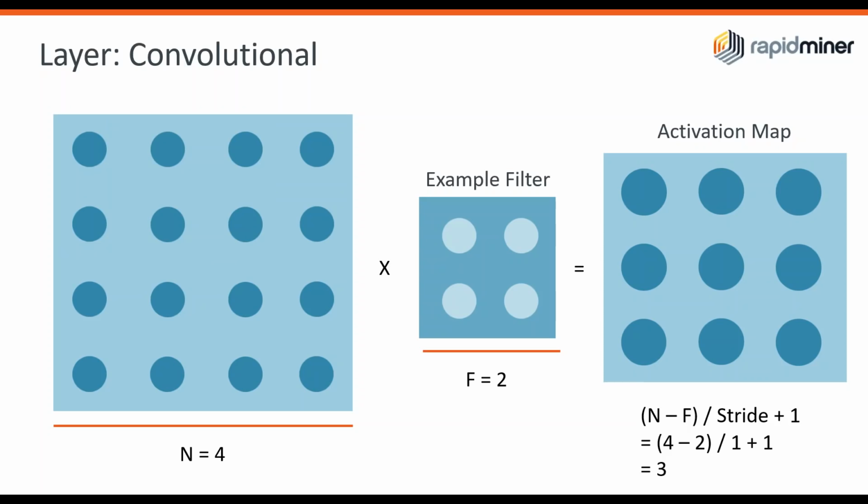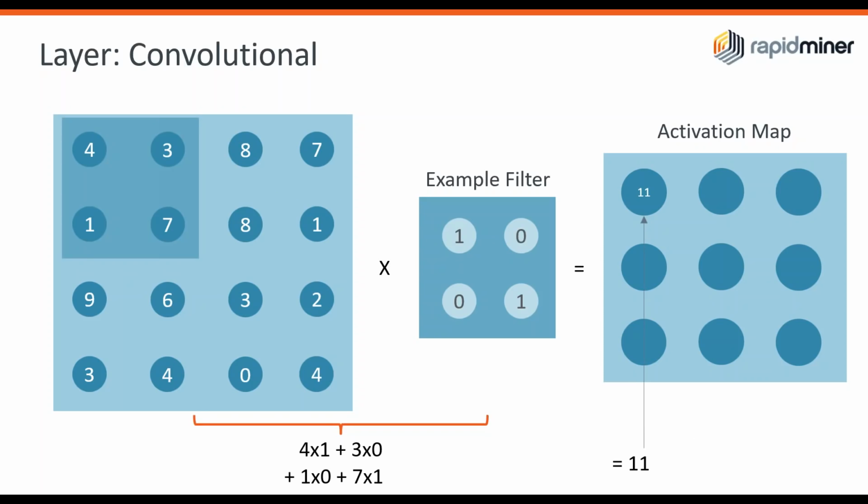So now let's fill up our layer with some values. And just so you know what's happening under the hood, here, if we would have a filter that is filled with 1001, and we would apply this to the first region, we would always multiply 1 value with the one lying underneath. So here we'd have 4 times 1 plus 3 times 0 plus 1 times 0 plus 7 times 1.